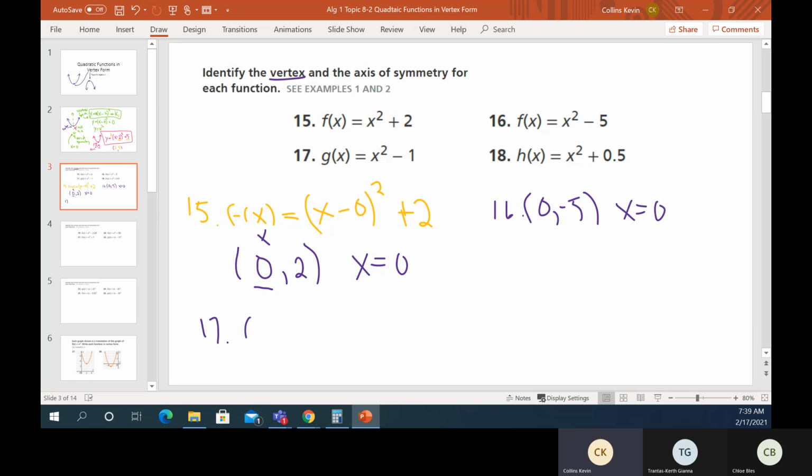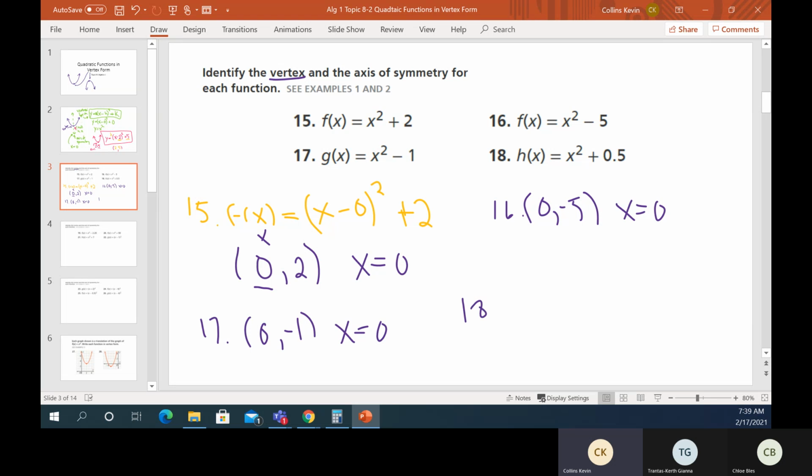So 17, what's our vertex here? Yeah, 0 and negative 1. And then once again, our axis of symmetry is going to be x equals 0. It's always the first number.